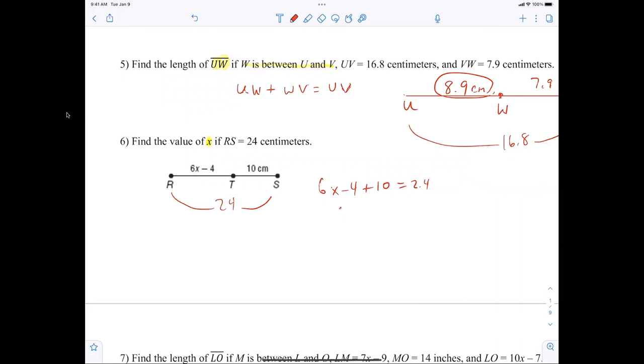So now what? 6X plus 6 equals 24. Divide by 6, X plus 1 equals 4. And so from there, I'm looking like X equals 3, right?